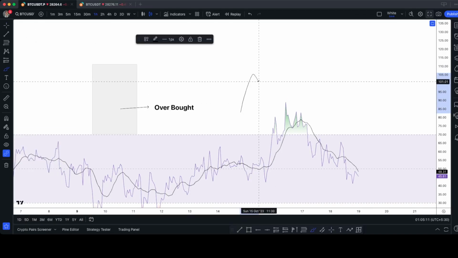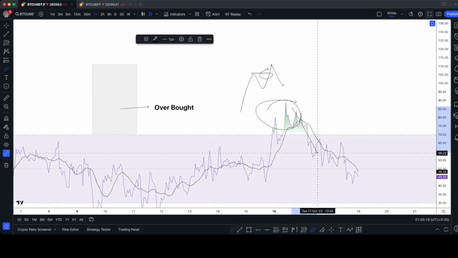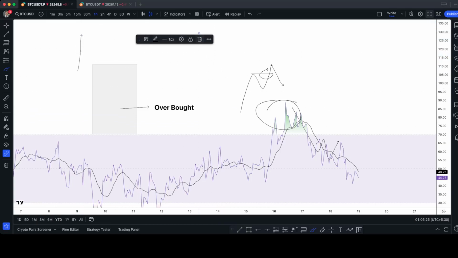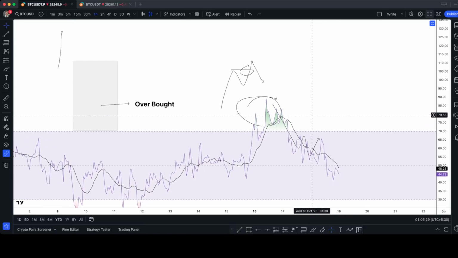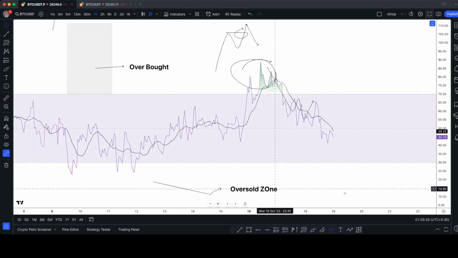Like if we are going up, and let's say price is here and we are above the zone, we look for some kind of retracement to come back inside the zone, this purple zone, which is not even overbought or oversold zone. This is called retracement.